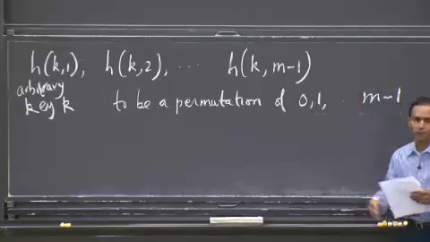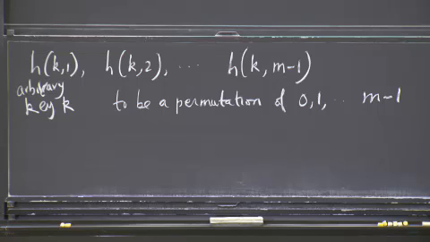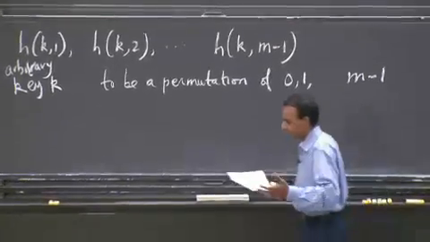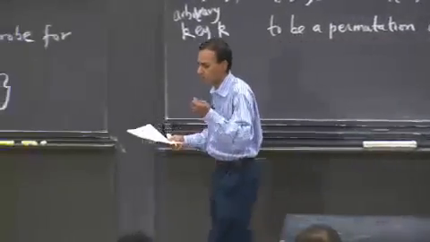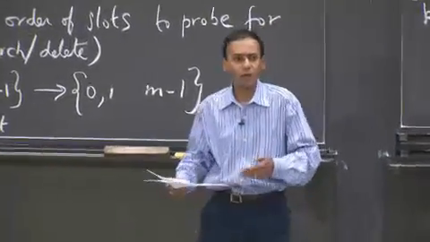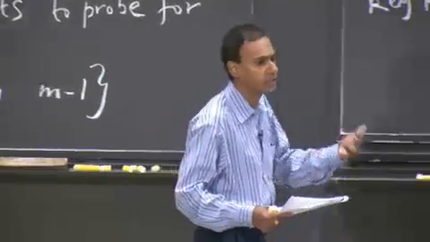But hopefully this makes sense from a standpoint of really load balancing the table and ensuring that all slots in the table are sort of equal opportunity slots. Okay, that you're going to be able to put keys in them as long as you probe long enough that you're going to be able to get there. Now, of course, the fact that you're using one particular slot for one particular key depends on the order of keys that you're inserting into this table.